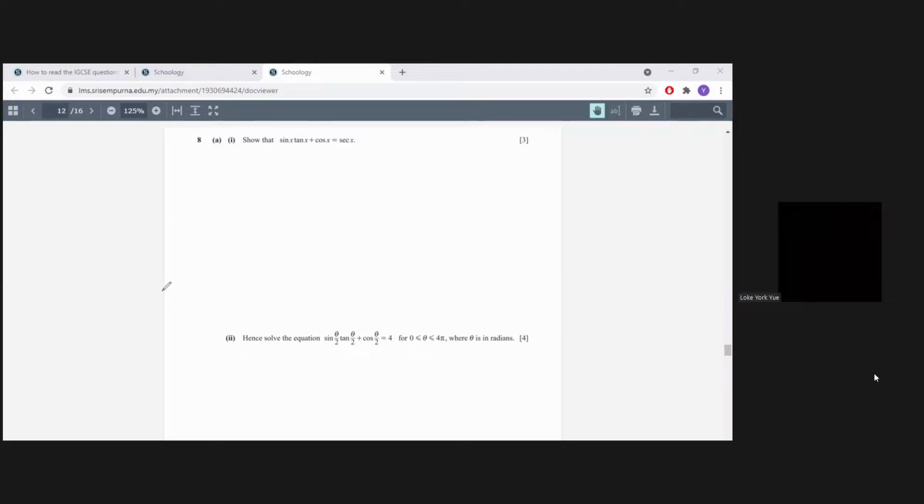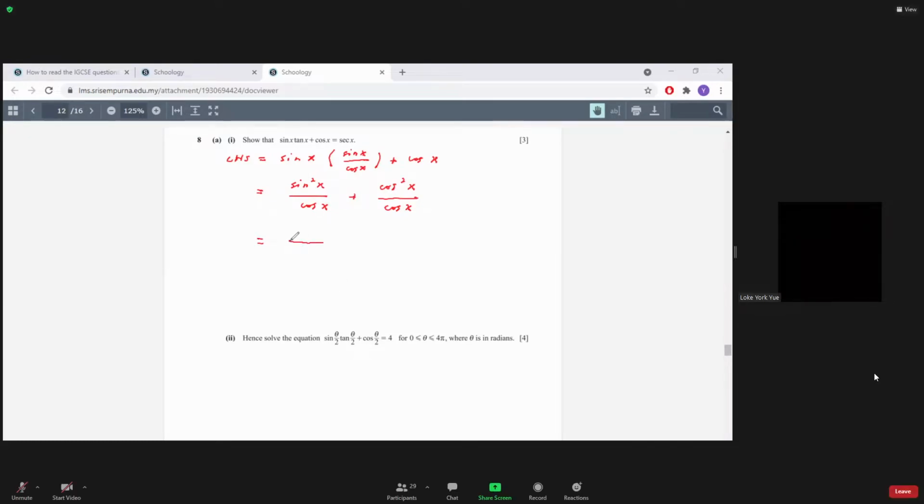Okay, left hand side. Sine over cos, plus cos x, equals to sine square x over cos plus cos square x over cos x. Yes. So equals to 1 over cos x.